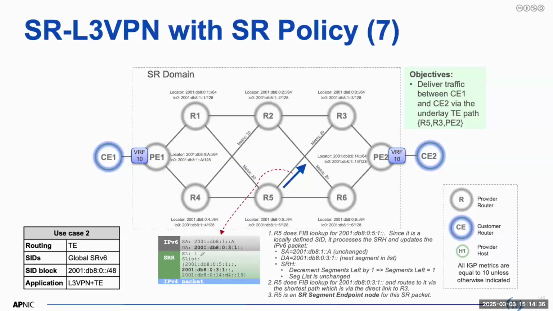Now you can see the Segments Left pointer is changing. This pointer change is helping us to move the next address to the destination. So now in the destination we can see we have 3, which is the same as the 3 address. So if the local address is the same as the destination address, then it will process the segment routing header.